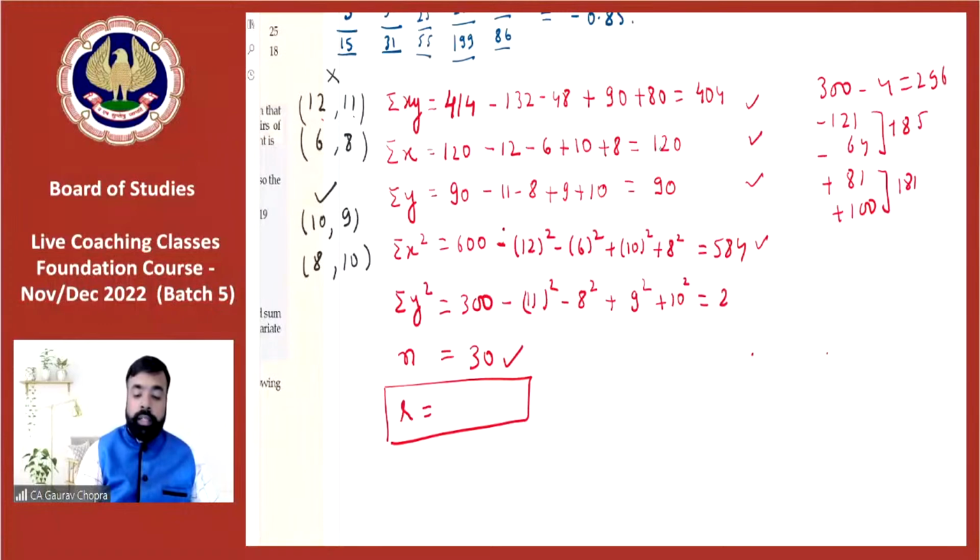So you can write here 296. Yes, Barkatullah has also given 296. Himanshu 296. Vaishnavi also says the same thing. Now solve and get the result.